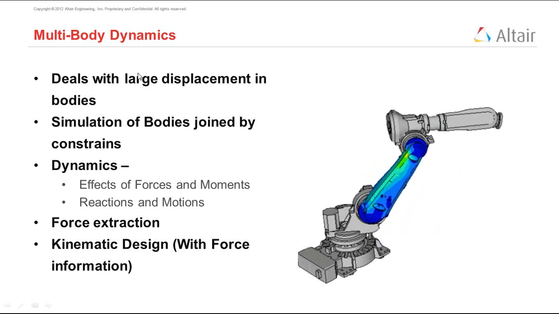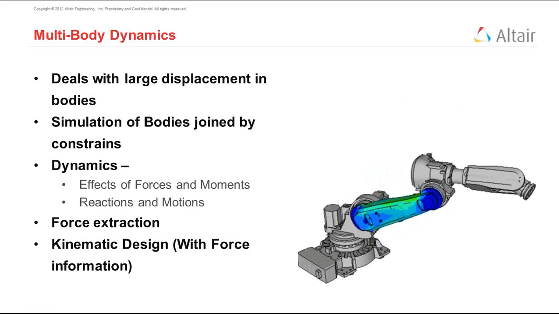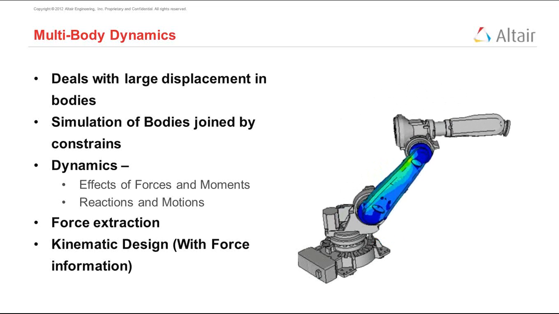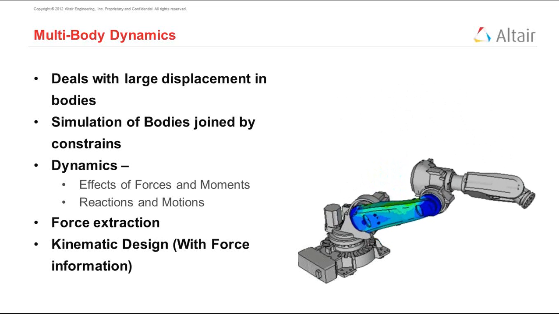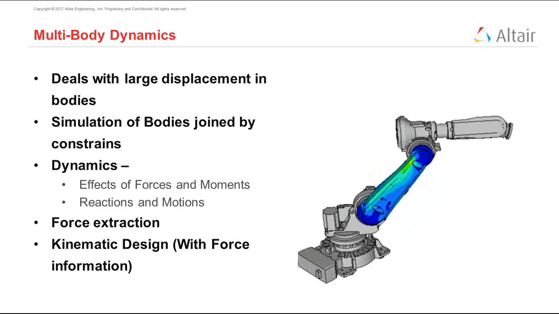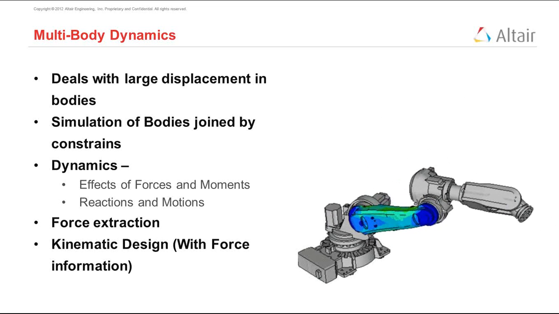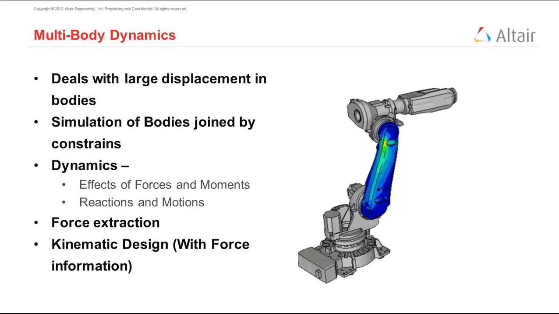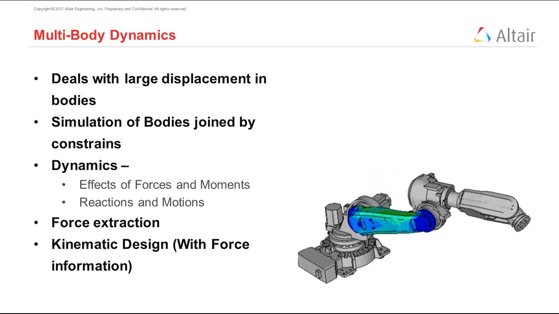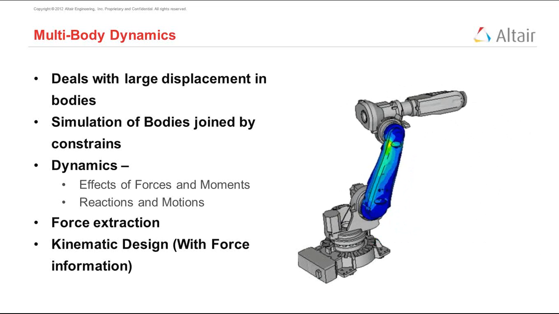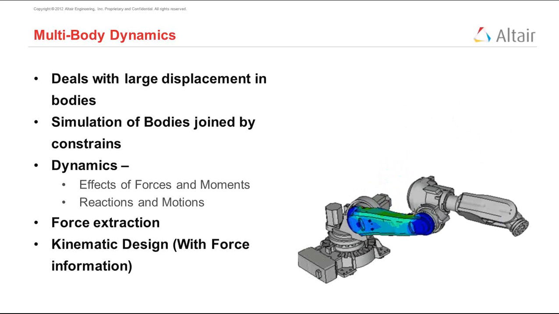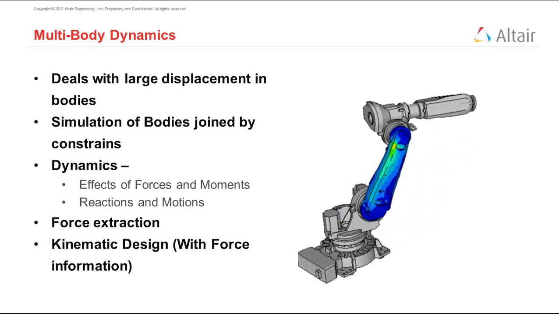While the basis of multibody dynamics is essentially Newton's laws. There are cases where people combine the two, but the major differentiator is that in multibody dynamic simulation, the displacements are of the order of the dimensions of the modeled body. So during FE, the deflections are usually about 0.1% of the dimensions of the body, but in this case, they're much larger.